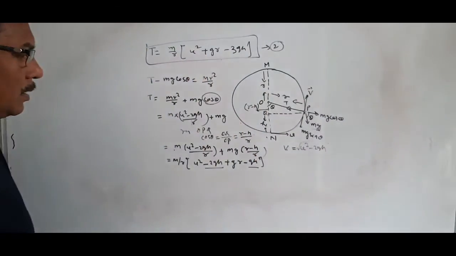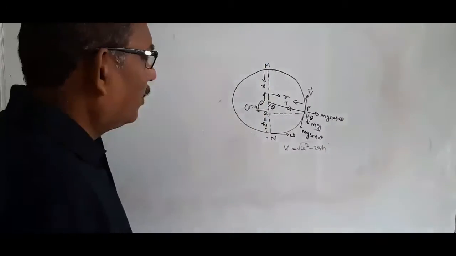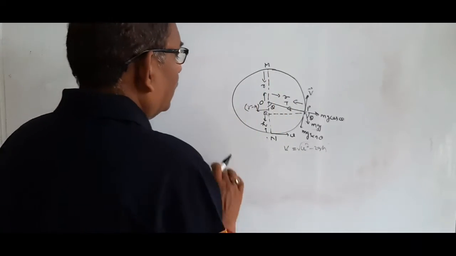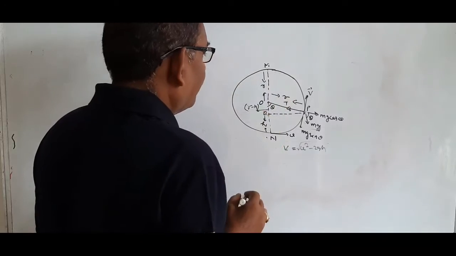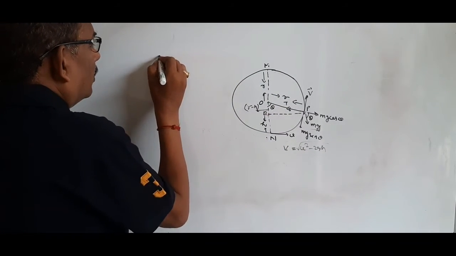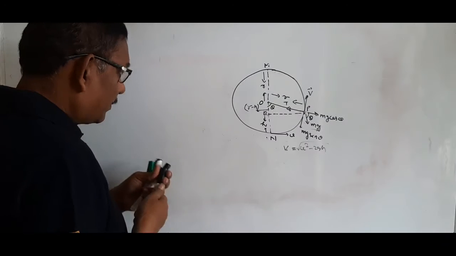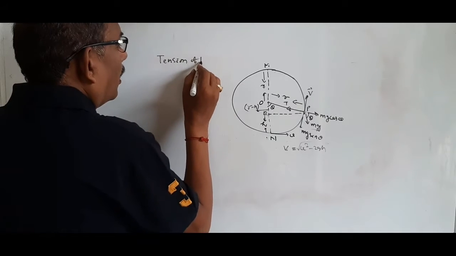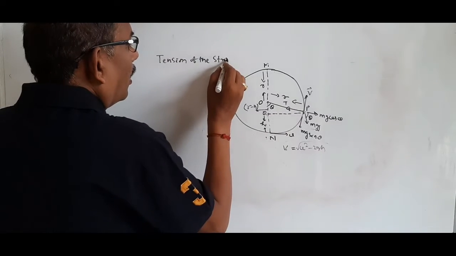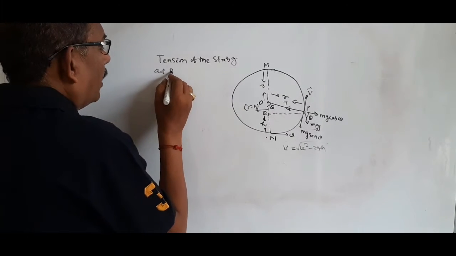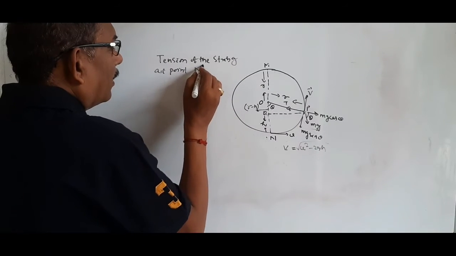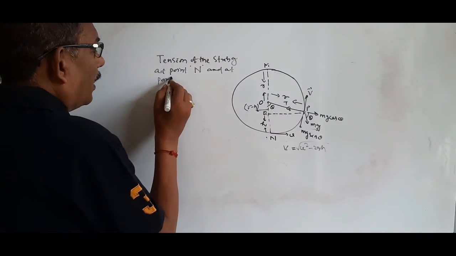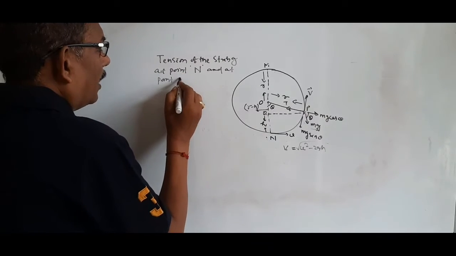This is equation 2; the velocity equation is equation 1. Now the tension of the string at point N, the lowest point, and at point M, the highest point.